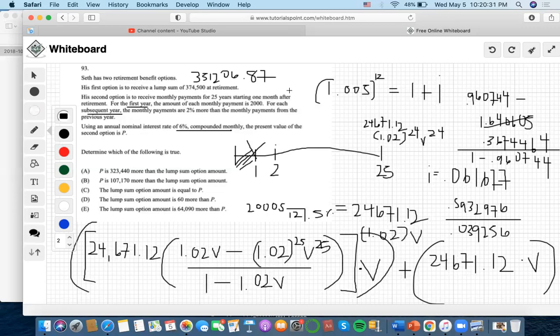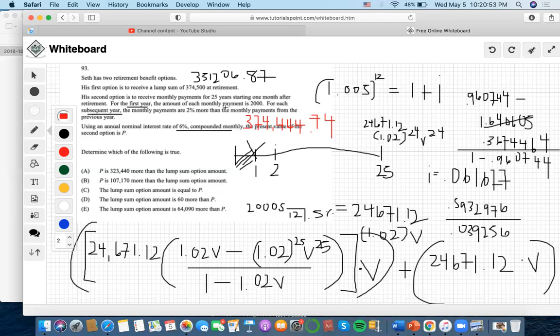We're going to get 374,444.74 as the present value of the second option, which is P.